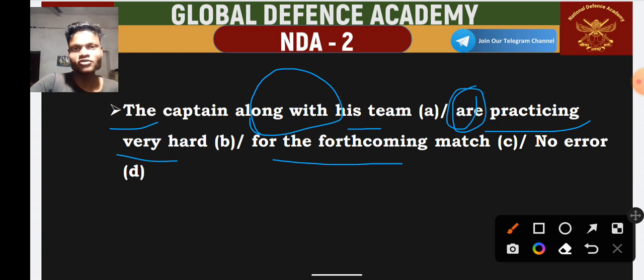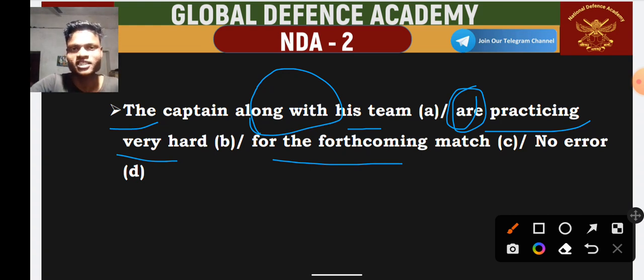So what do you have to detect? You have to detect whether the sentence contains these words which I told you earlier: along with, as well as, but, except, nothing but, in addition to.